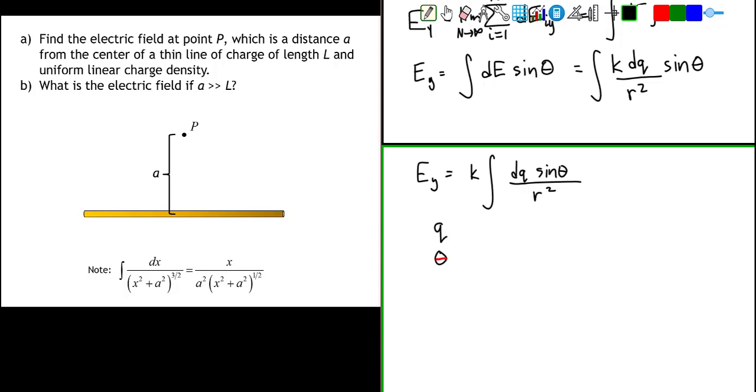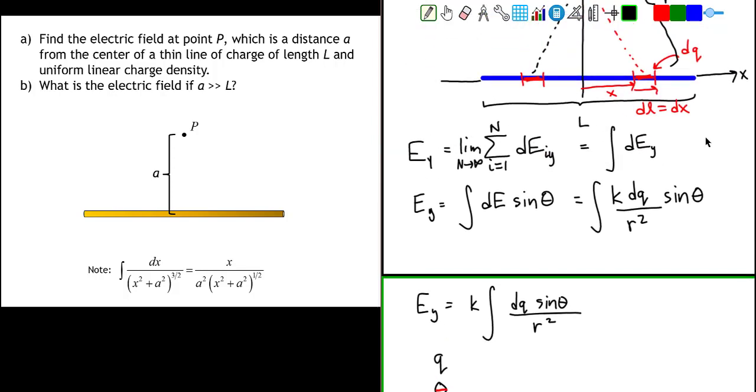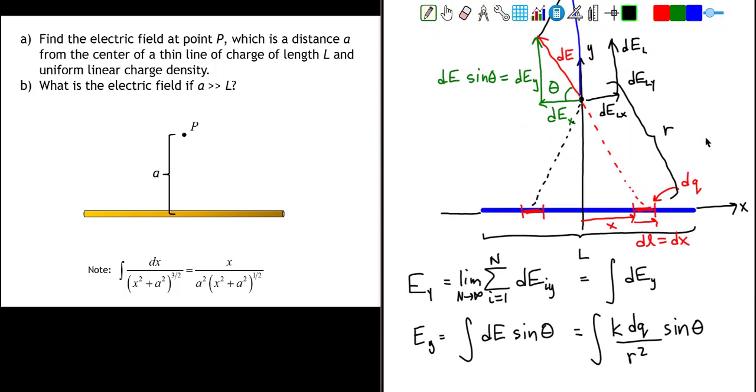Theta is a variable. How theta is a variable is, if you look back at our picture, here's our theta down there. As you integrate, let's say we integrate a charge element that is over here. That charge element is going to have a different angle than the charge element here.